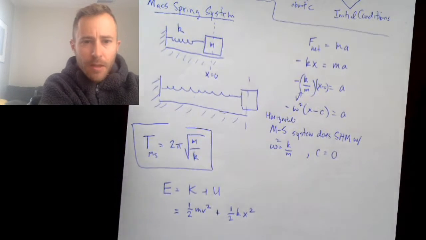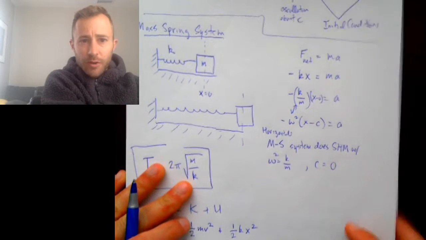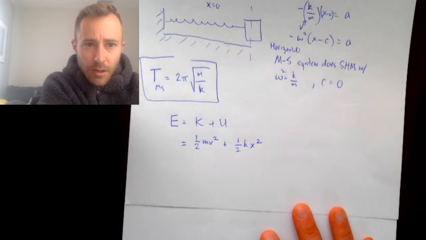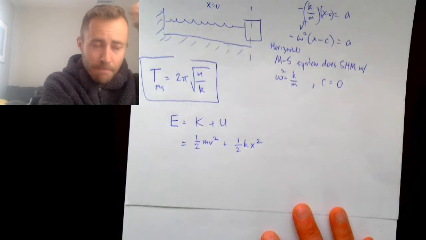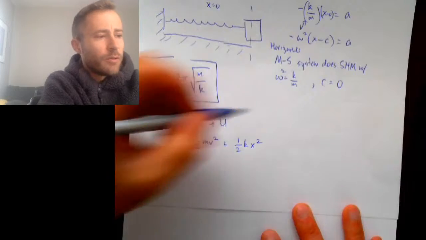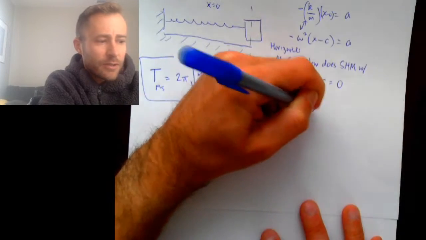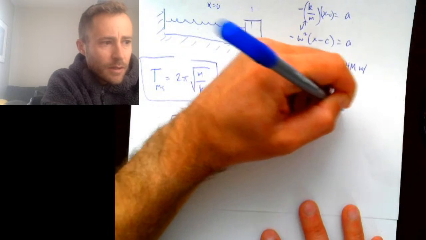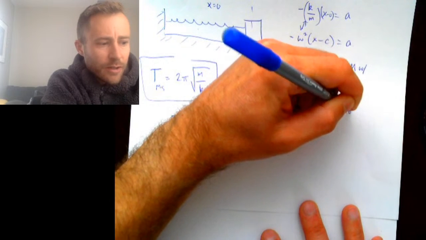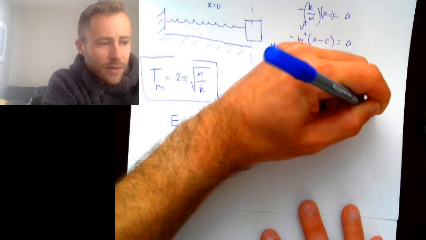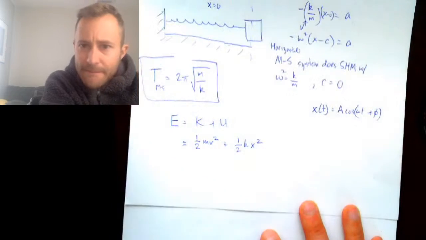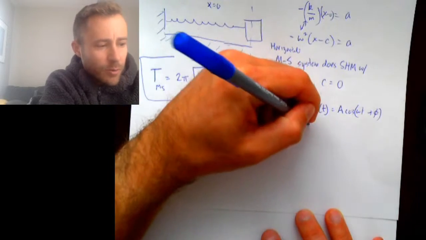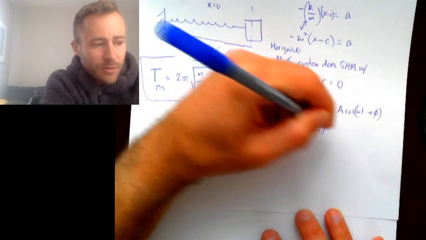All right. So what I would like to do is go ahead and prove to you that the energy is conserved. So if we take our position as a function of time, a cosine of omega t plus phi, and we take the derivative of that, we can get the velocity as a function of time.